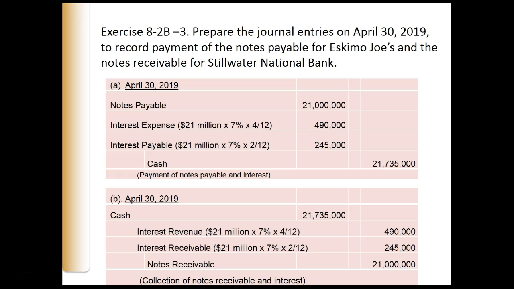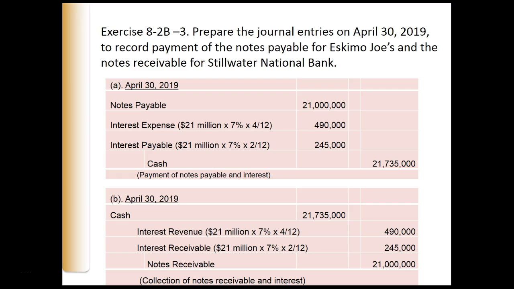Then, when this note is paid, we will show for Eskimo Joe's a debit to notes payable because we're zeroing out the note. We're going to show the interest expense for 2019, which is 4 months because this is paid on April 30th.